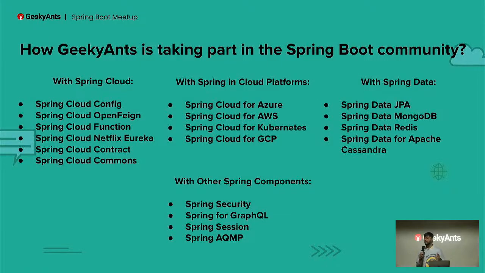And Eureka is something that we use a lot these days. Service discovery has helped us create service meshes on a very large scale. It has also helped us scale up to very good numbers. And we also work with Spring Cloud Contract.